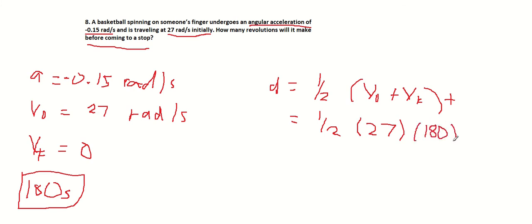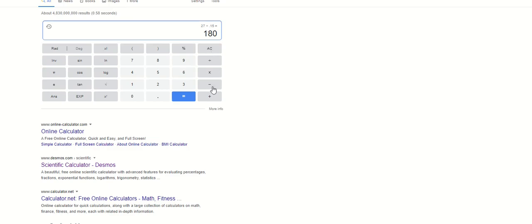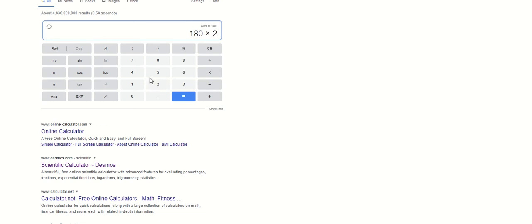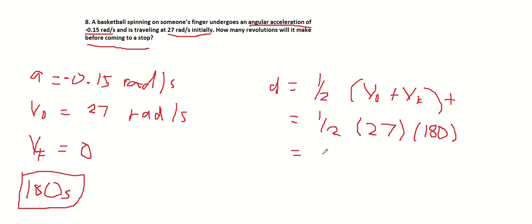180 seconds. So, ngayon, calculator natin ulit. 180 times 27 times 1/2 o 0.5 pag decimal. So, nakuha natin is 2,430. So, yung 2,430 nakuha natin, hindi yan yung number of revolutions. 2,430, ito yung radian.